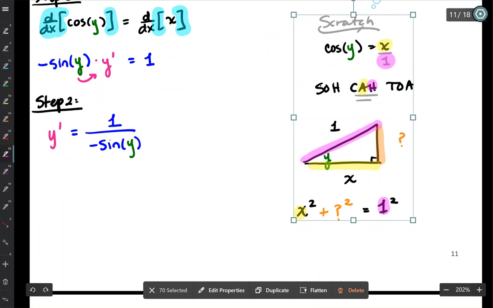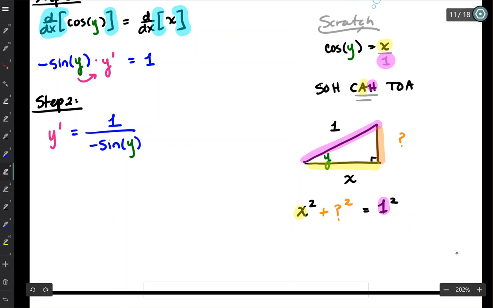I'm going to go ahead and subtract x squared from both sides. And we have that the thing I'm looking for squared is just equal to 1 minus x squared. So this side is, taking the square root of both sides, the square root of 1 minus x squared. Let's go ahead and write that.